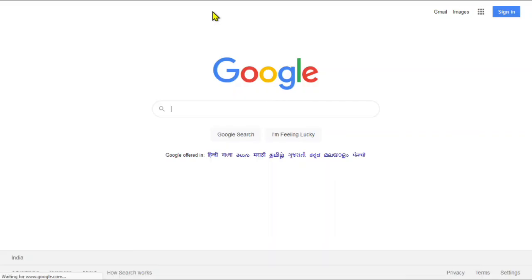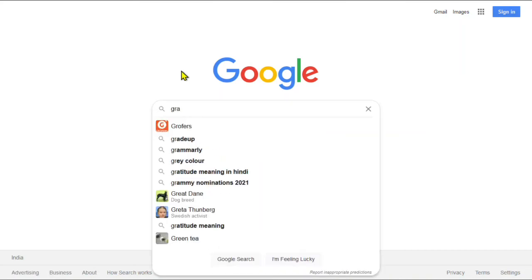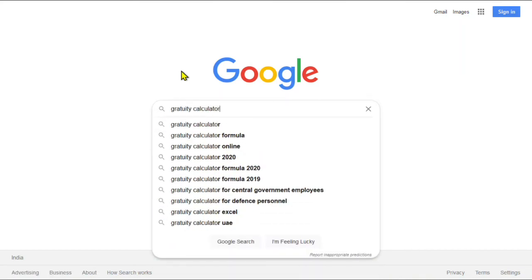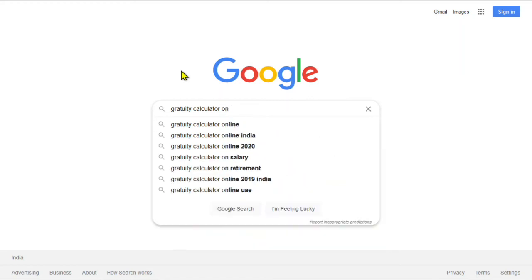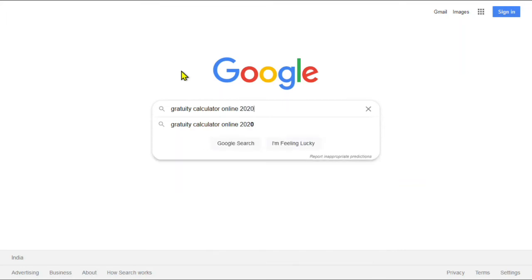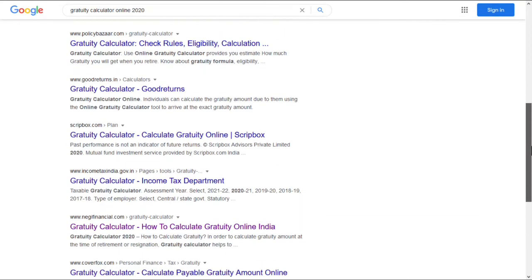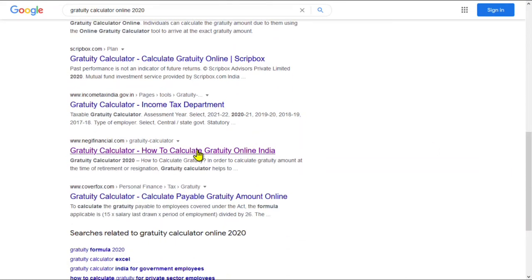Go to google.com and search for gratuity calculator online 2020. So you will find, okay, this is the gratuity calculator.